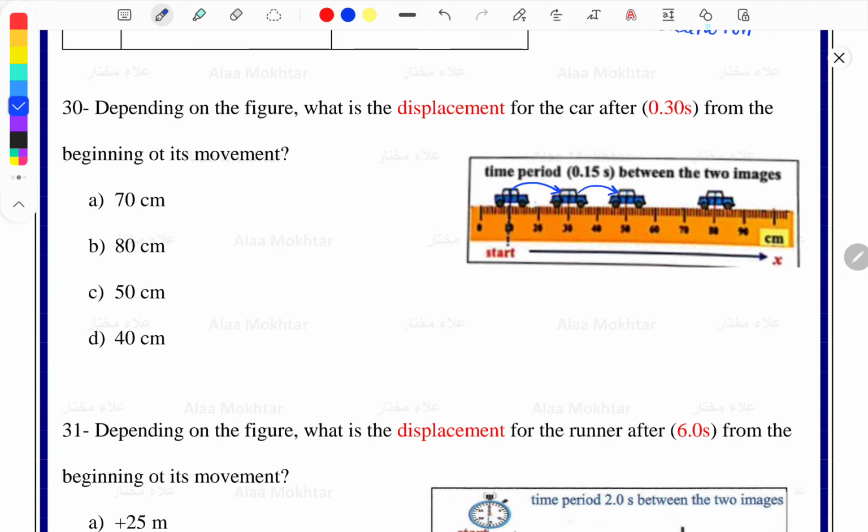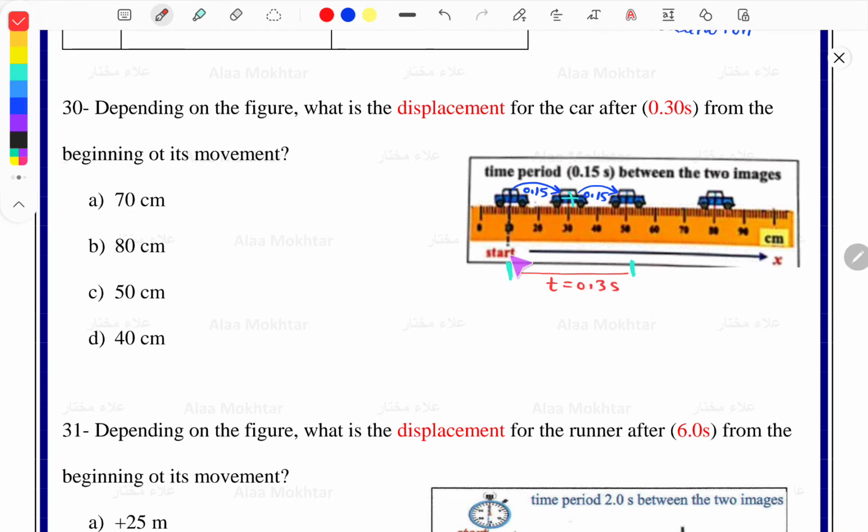If I add 0.15 plus 0.15, I get the time taken from this point to this point, 0.3 seconds.